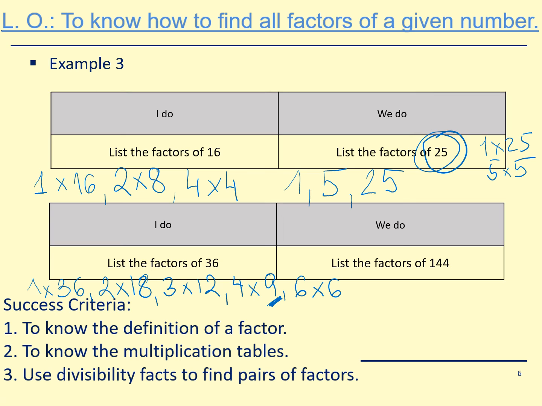Actually, when we come to a square number, when we get a number that times by itself, we know that we are done.